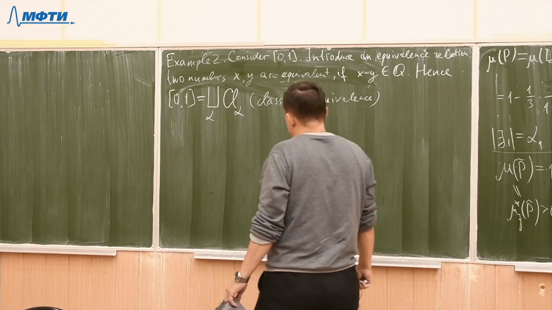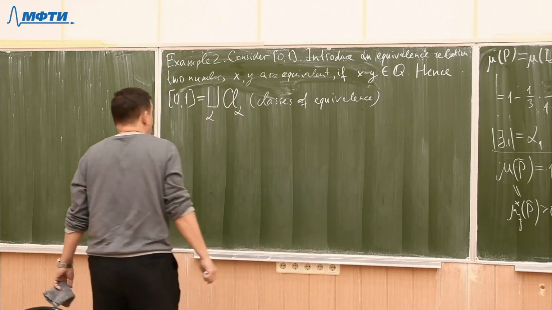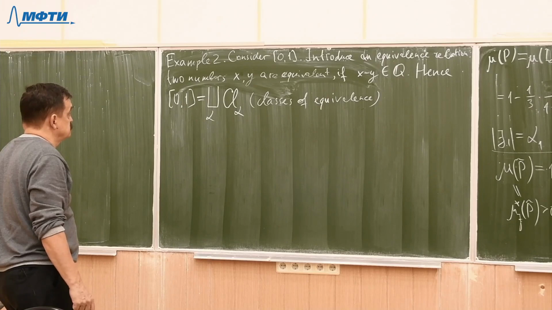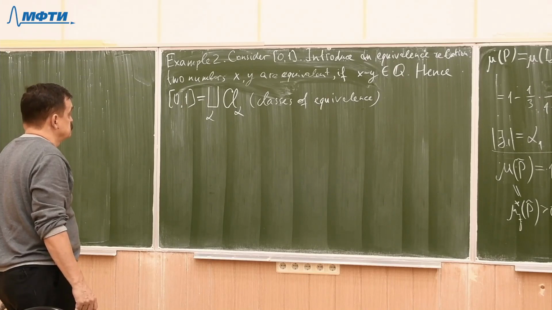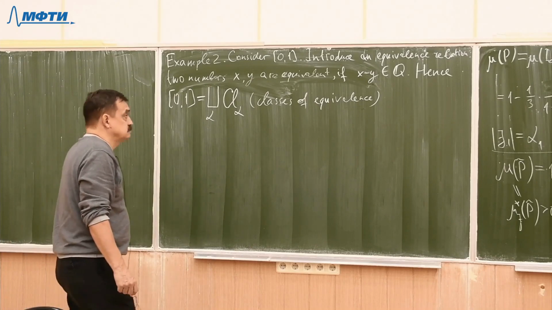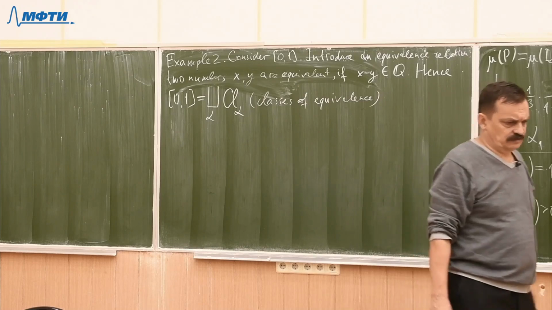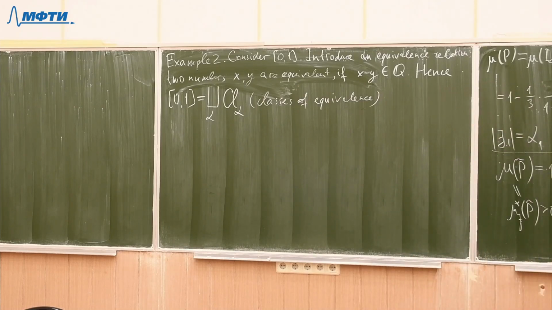Okay. Now, maybe minus 1, 1 I should start. No, [0, 1], [0, 1].